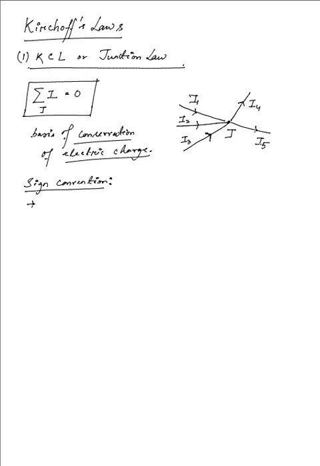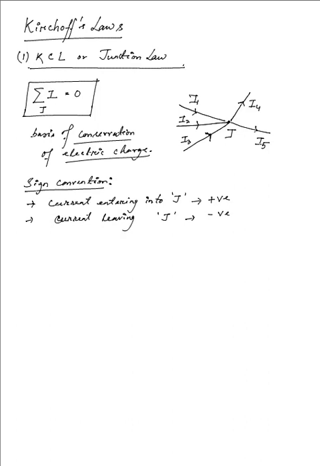The convention that we take is that we take the current entering into the junction, the junction taken is J, so I'll take it as J. So the current entering into J is to be taken as positive, while the current leaving J is to be taken as negative.